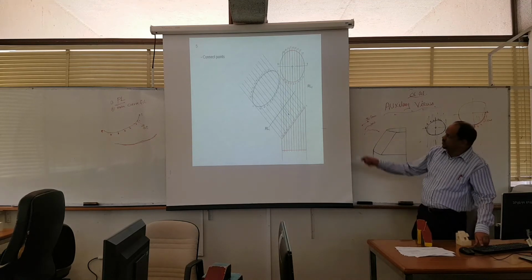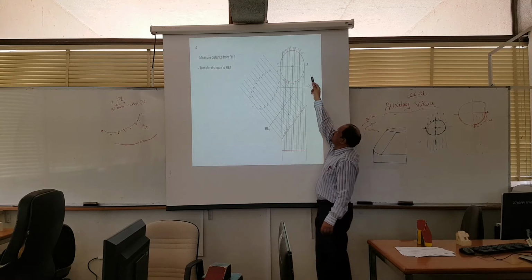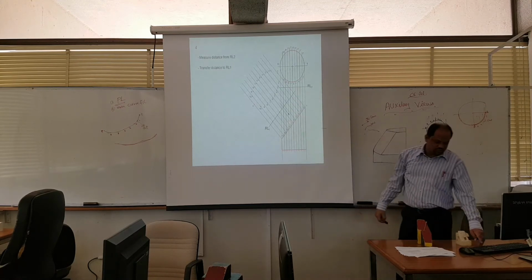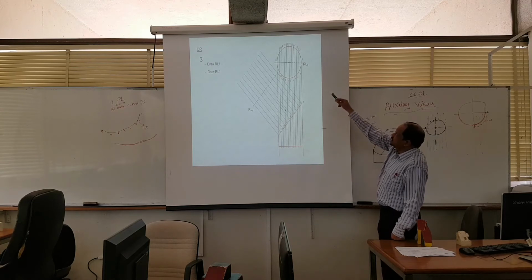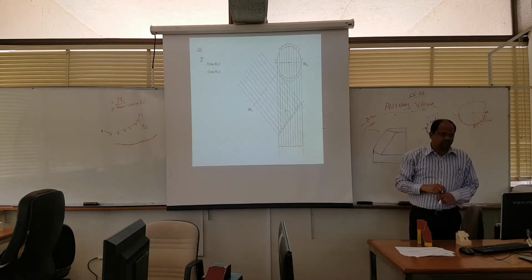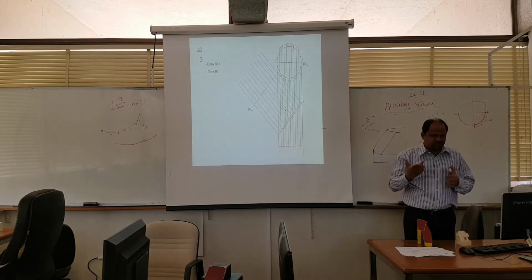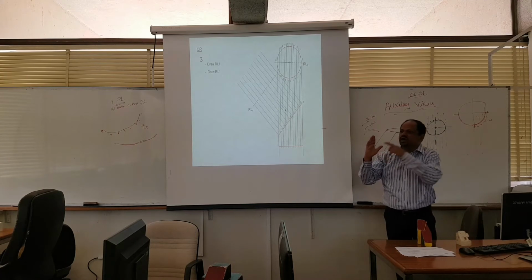Now, in the auxiliary view, instead of taking the reference line here, I can take this reference line at the center of the circle. What will happen if I take the reference line at the center? Points number 1 and 11 will lie on the reference line itself, so I don't have to measure their distance. It is 0, isn't it? We are measuring distance from the reference line to each point.